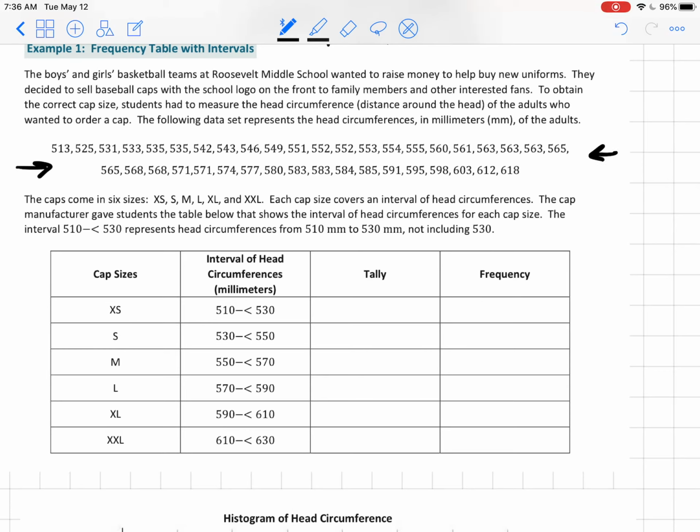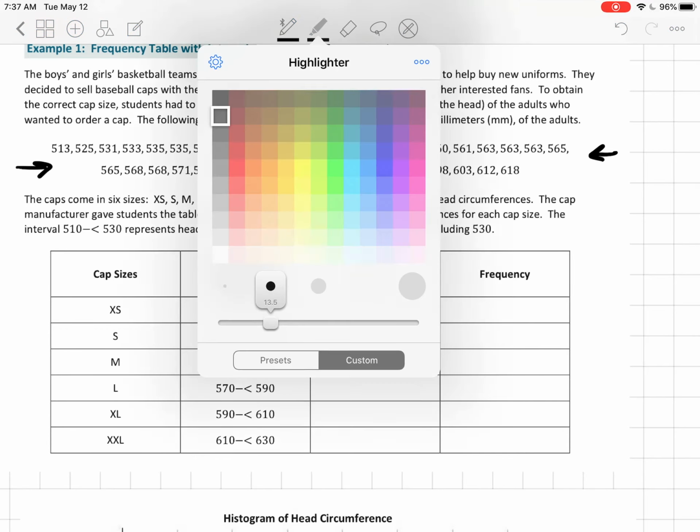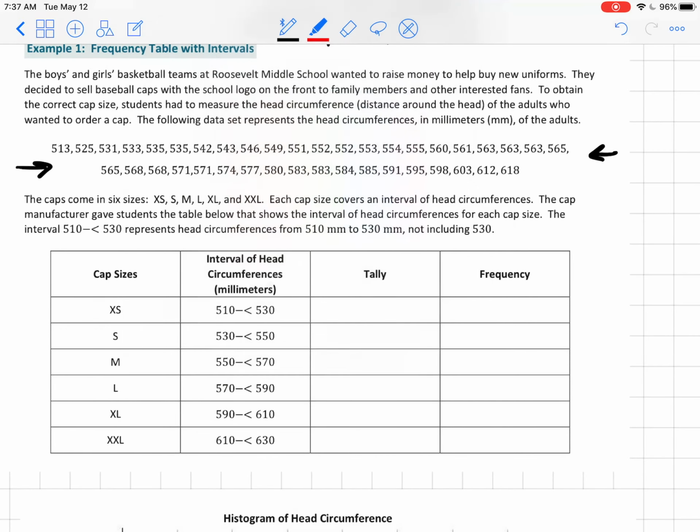The caps come in sizes: extra small, small, medium, large, and extra, extra large. Each cap size covers an interval of head circumferences. That means it's going to go from a bottom number to a top number. And then the next interval will pick up where that first interval left off.